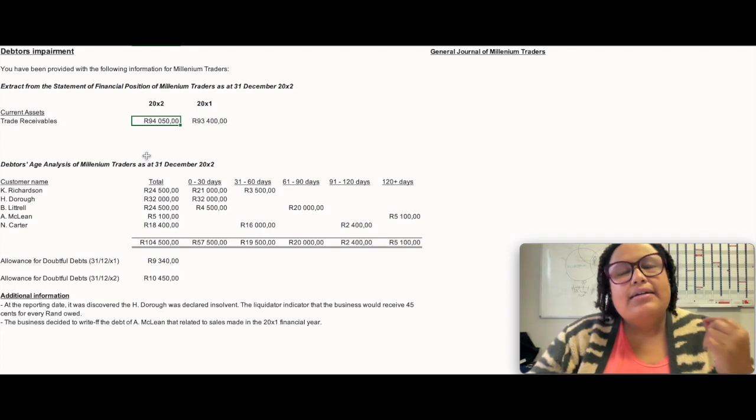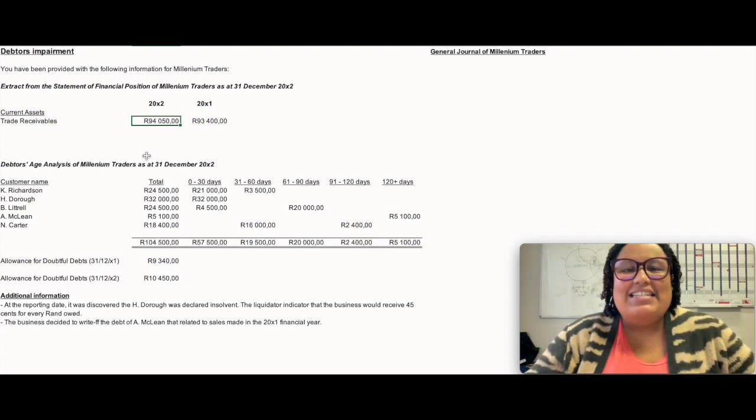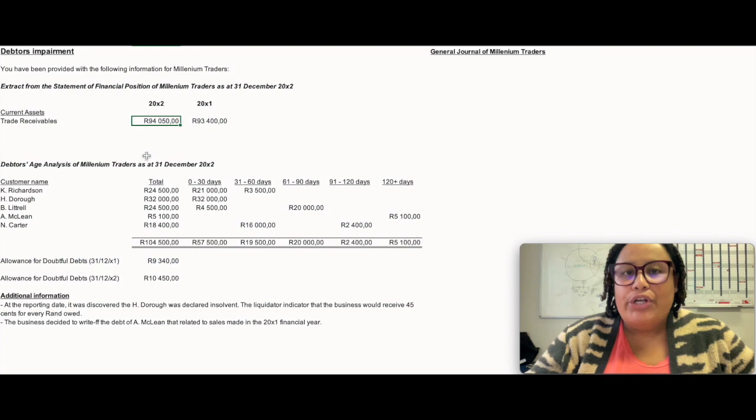Okay, so then we are given a debtors age analysis. I just want to talk for 2 seconds about a debtors age analysis. Every business that has customers purchasing on credit from them would keep a list of all of these debtors, and these debtors' balances are aged according to how long the amount has been outstanding.